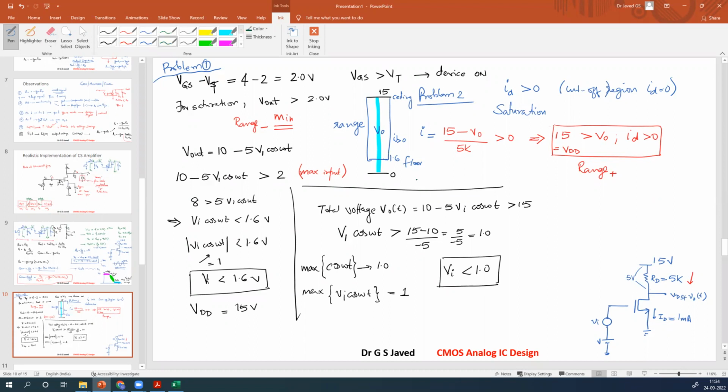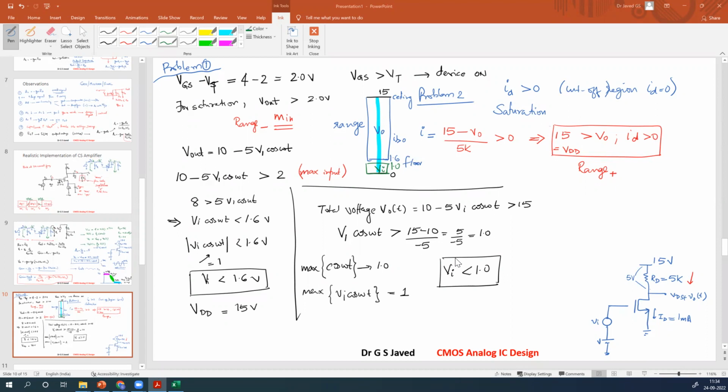And this is where your definition of the range comes in. If you look at this, your Vi can be from 0 to 1.0, whereas your V out can be from 1.6 all the way till 15. Understood? This is how you can calculate the maximum input swing and maximum output swing of this device.